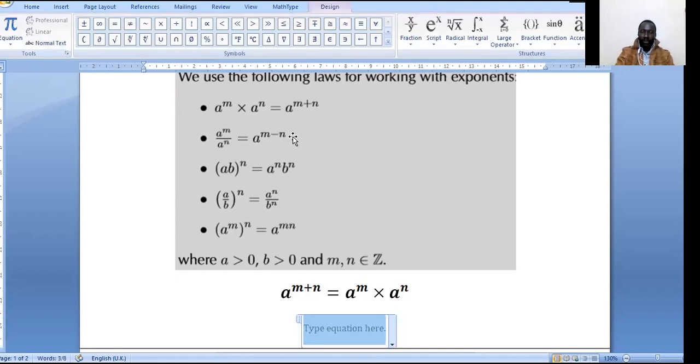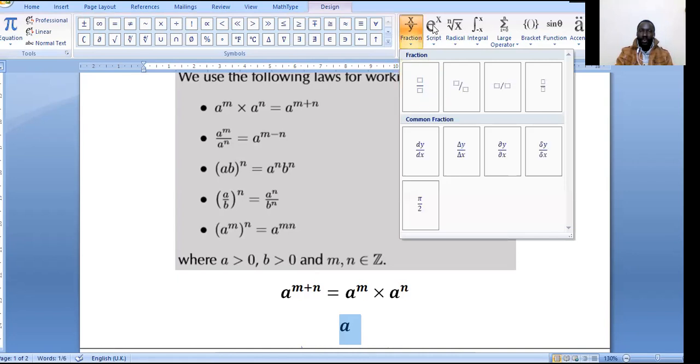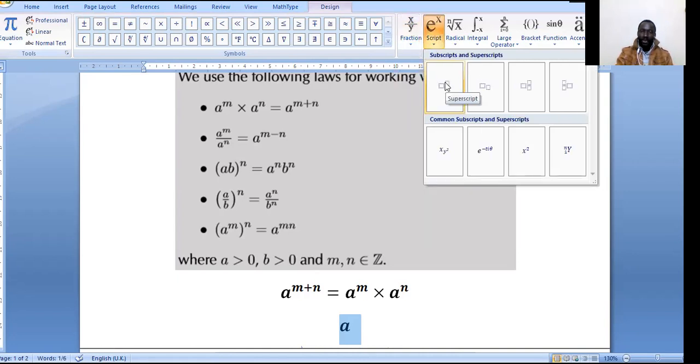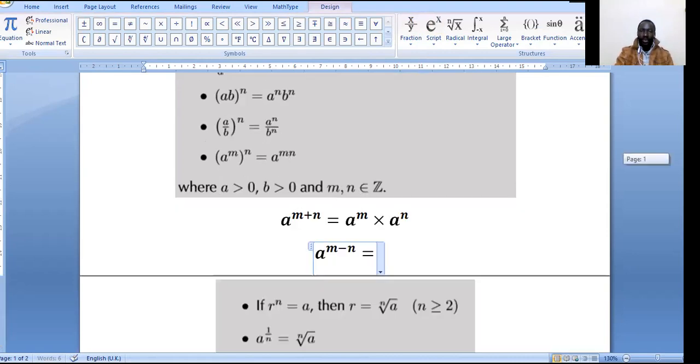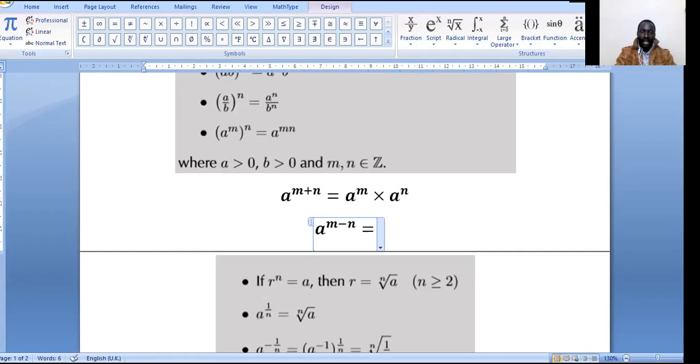What this means is that if we have at some point a with exponent m minus n, then we can write this as a with exponent m, divided by a with exponent n.